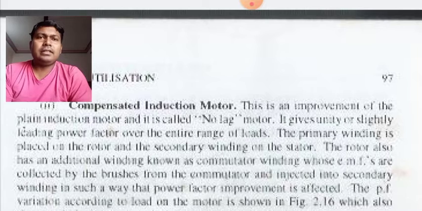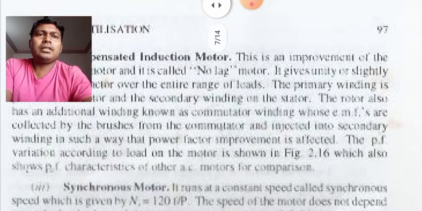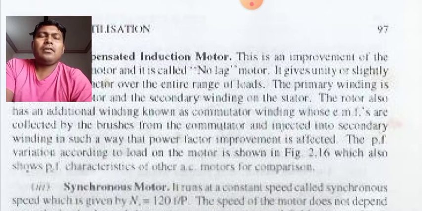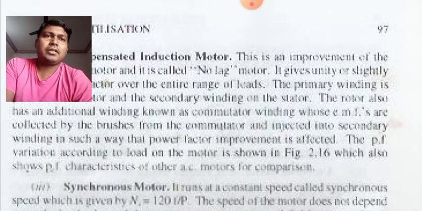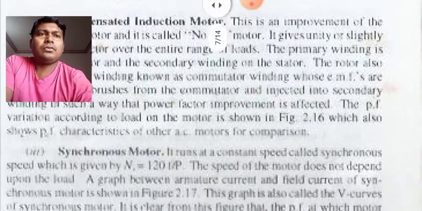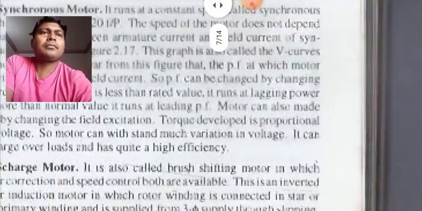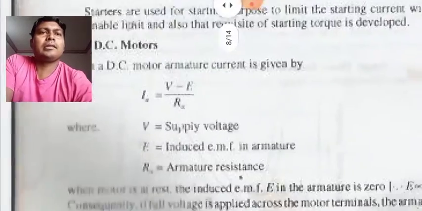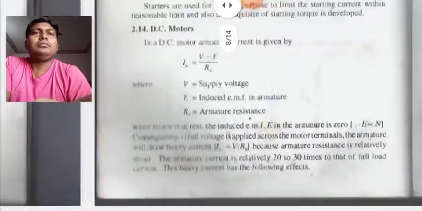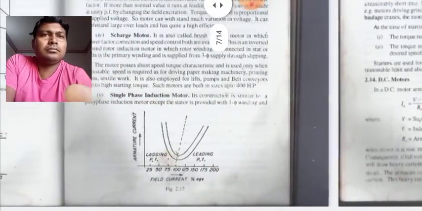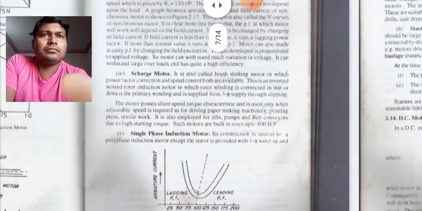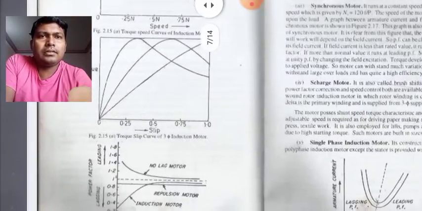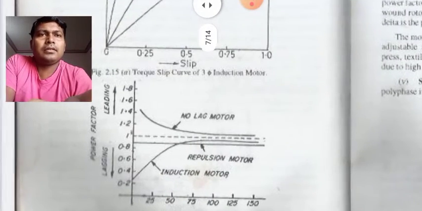The power factor variation according to the load of the motor is as in the diagram, which also shows power factor characteristics of other AC motors for comparison. Let us have a look at the diagram. This is figure 2.16.